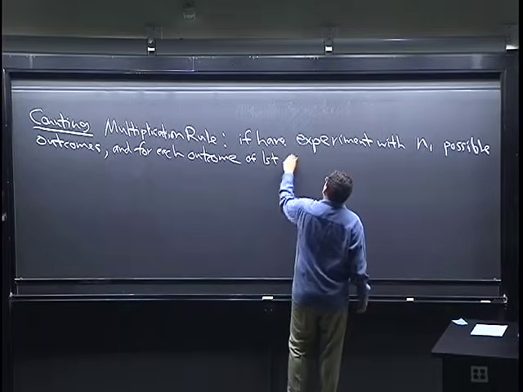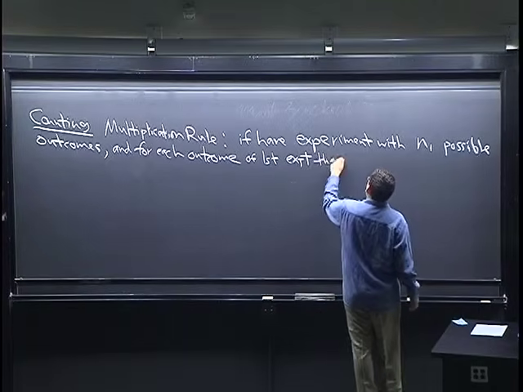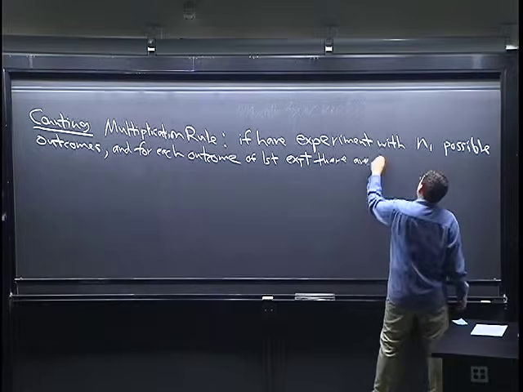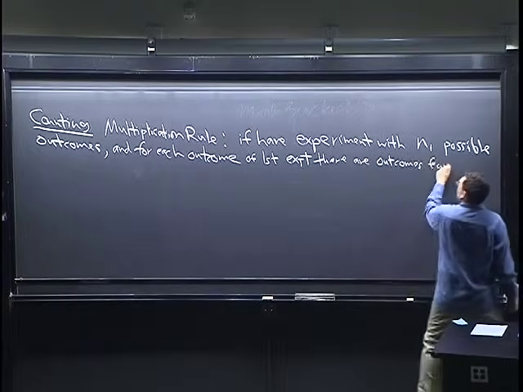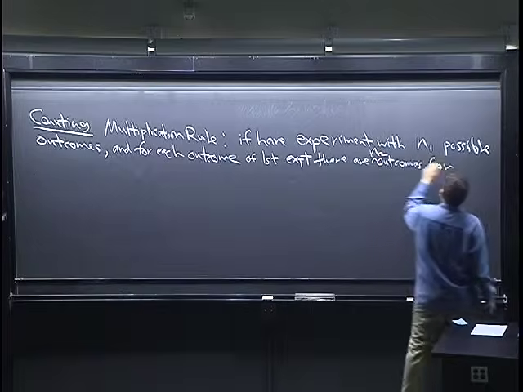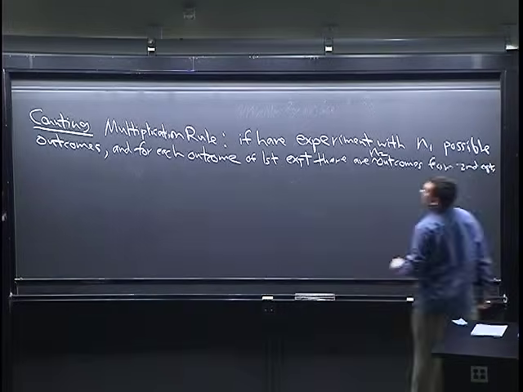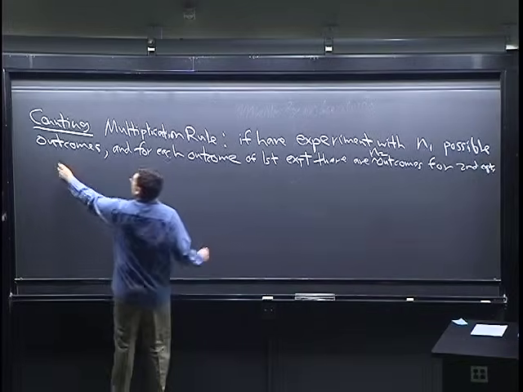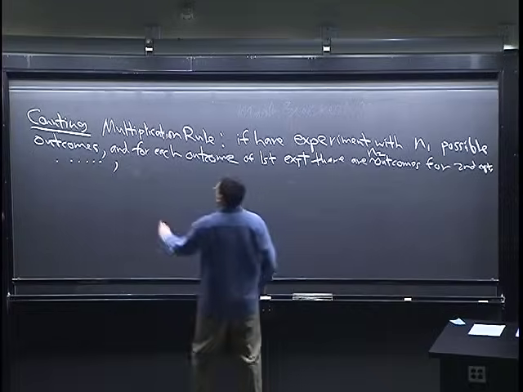I'll just abbreviate experiment to expt. There are n2 possible outcomes for the second experiment, etc. Do as many experiments as you want, so I'll just put dot, dot, dot. Let's say we're going to do r experiments, and there are n sub r.